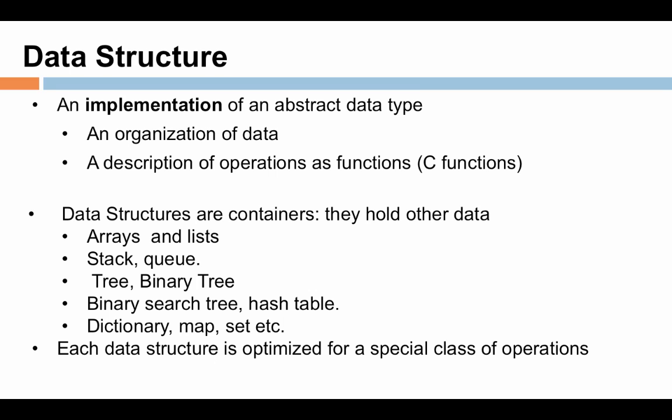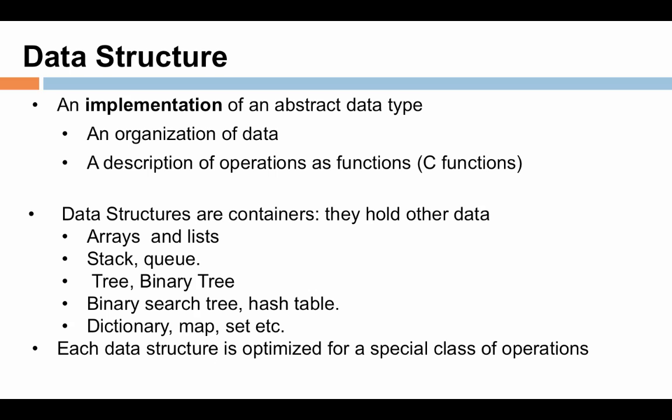Remember, in the abstract data type, you only say what the functions are by specifying the behavior of the functions. We will definitely see an example. But when an abstract data type is implemented in a programming language, and in this case, since we are working with the C programming language, the abstract data type is implemented and you have access to a data structure.